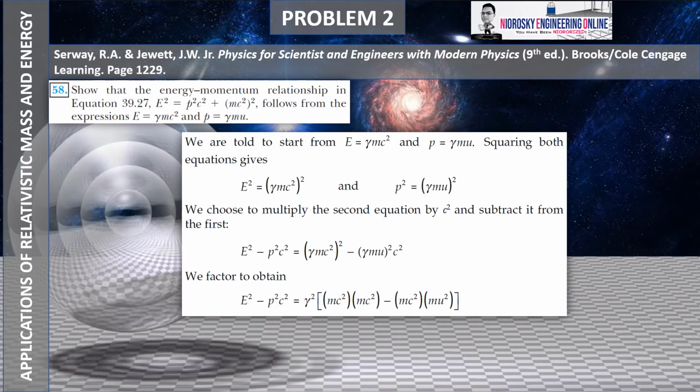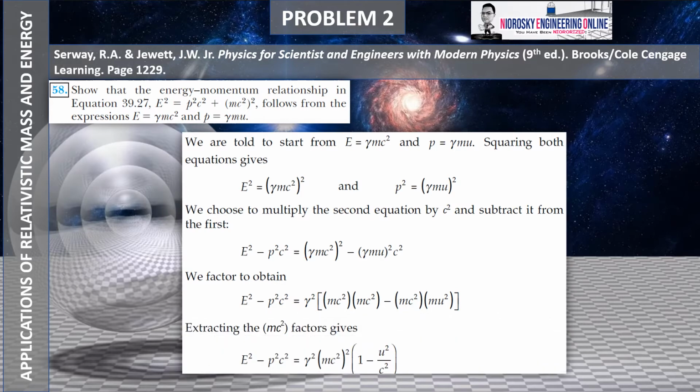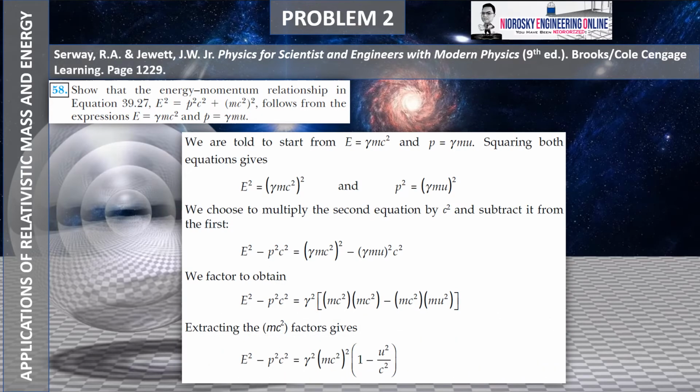We can obviously see that gamma squared is easy to factor out. It is common to gamma squared. But don't forget that gamma also has a value. So, after rearranging this expression, m c squared, all raised to 2, can also be factored out.